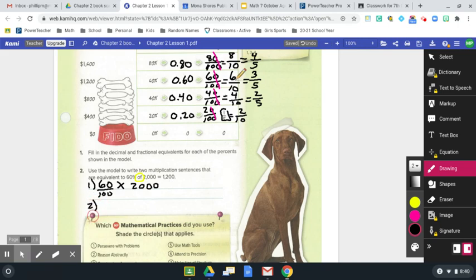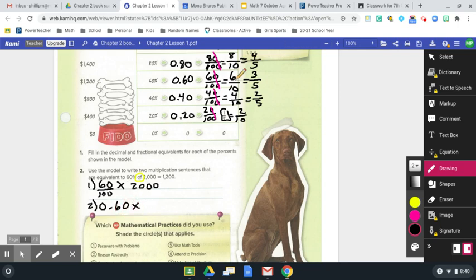A second way, okay? So one of the ways is using a fraction to solve and find percent of a number. A second way is you can use a decimal. So remember up here, we were doing these decimal and fraction equivalents. 60% as a decimal is 0.60 or 60 hundredths times, of, right?